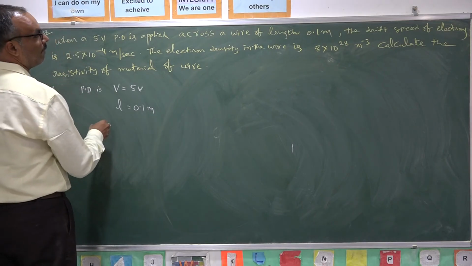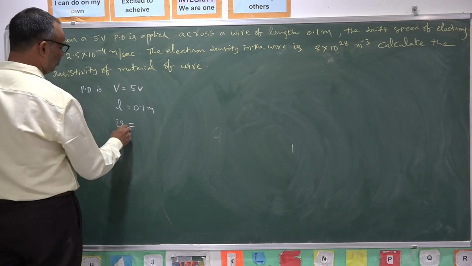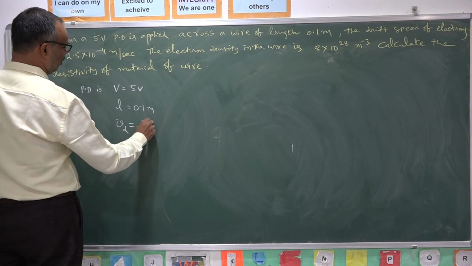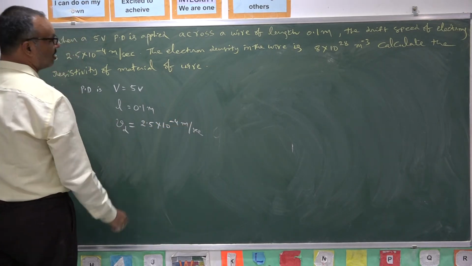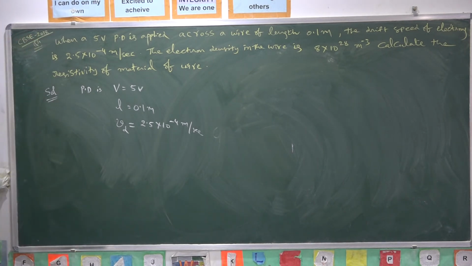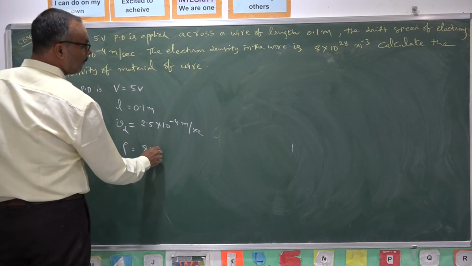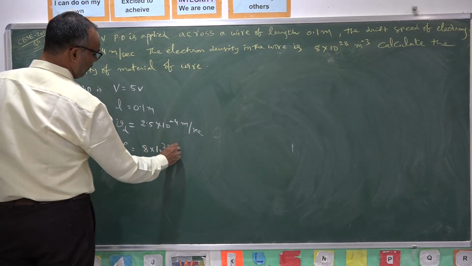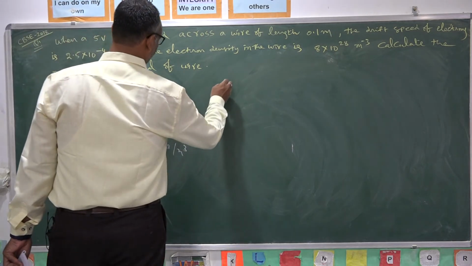Speed of electron, nothing but drift speed of electron, is 2.5 into 10 power minus 4 meter per second. Electron density in the wire, that means the number of electrons available in unit volume, is 8 into 10 power 28 per meter cube. Calculate the resistivity of the material of the wire. Resistivity or specific resistance we need to calculate.